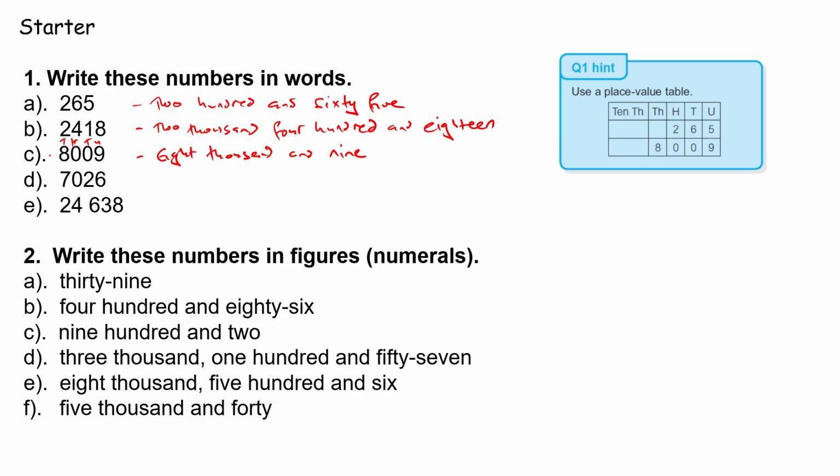On number 4, we got 7,000, no hundreds, 2 in the tens column, so that's 20, and a 6 in the units column. So that's going to be 7,000 and 26. Because we don't have anything in the hundreds column.